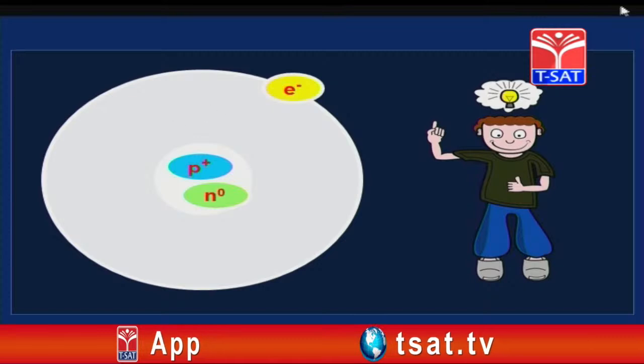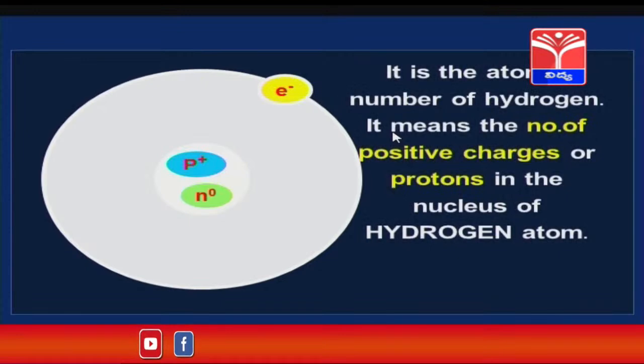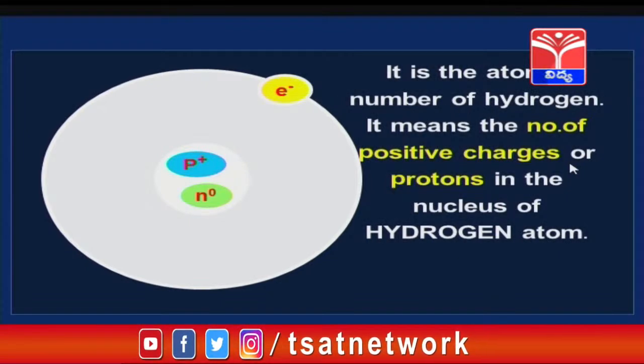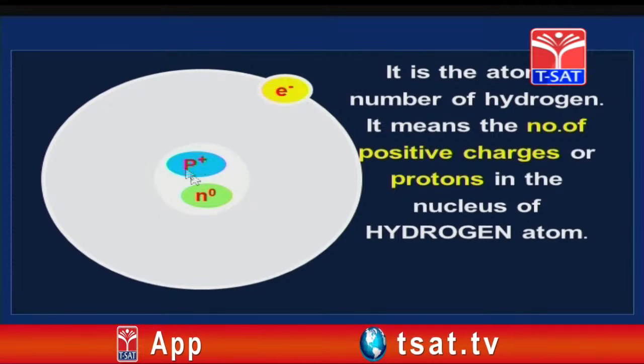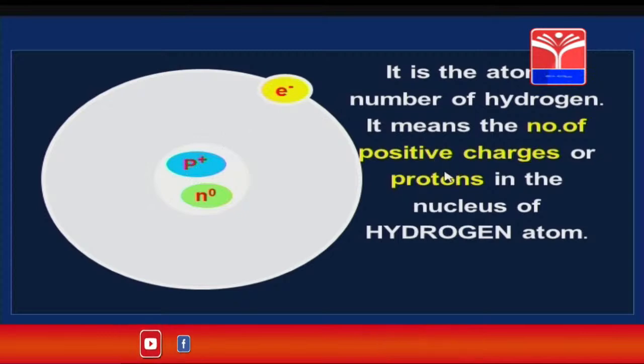Why? Because we have only one proton. The atomic number of hydrogen means the number of positive charges or protons in the nucleus of the hydrogen atom. You see the nucleus, how many protons are there inside the nucleus? Only one proton. Therefore, the atomic number of hydrogen is 1.